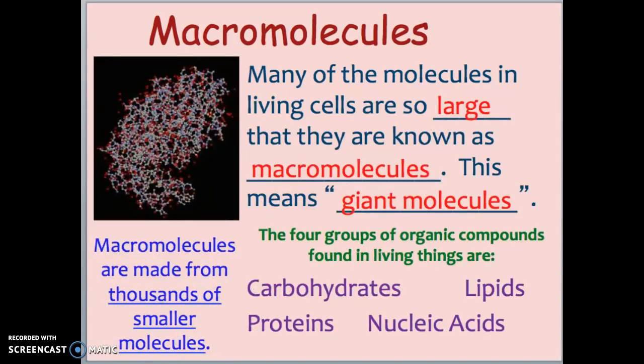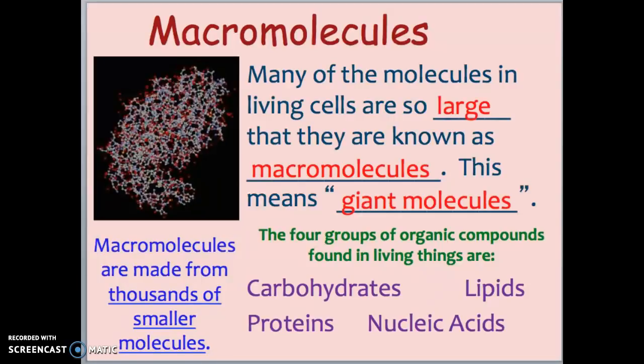The four classes of organic molecules all fit into this class of molecules that we call the macromolecules. Macro means large, micro means small, so this is just the opposite of that. Macromolecules are large or giant molecules. There are also a couple of other vocab terms that you need to become familiar with.